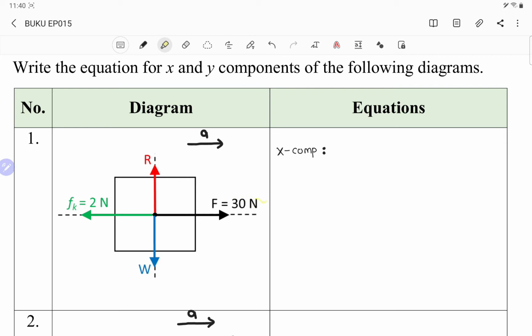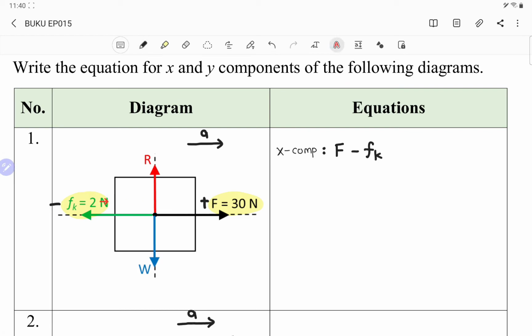So along x-axis, we have F equals to 30 minus friction force. Okay, and then F, dia follow direction of the acceleration. So this one is going to be positive, this one is negative. So we're going to write it as F minus Fk.